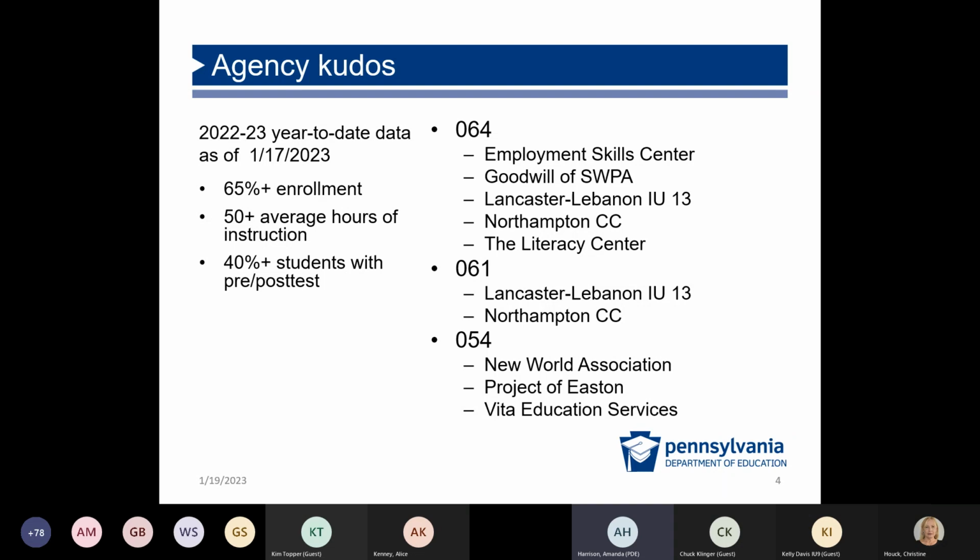We're definitely seeing in many programs improvement in enrollment and retention. So I wanted to take some time to give kudos to some programs who are showing really strong work this year under various grants.